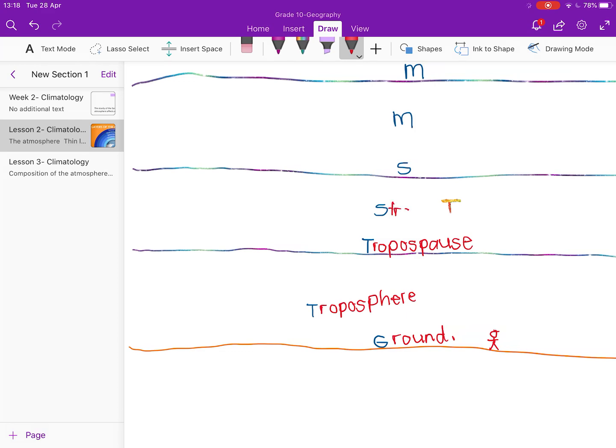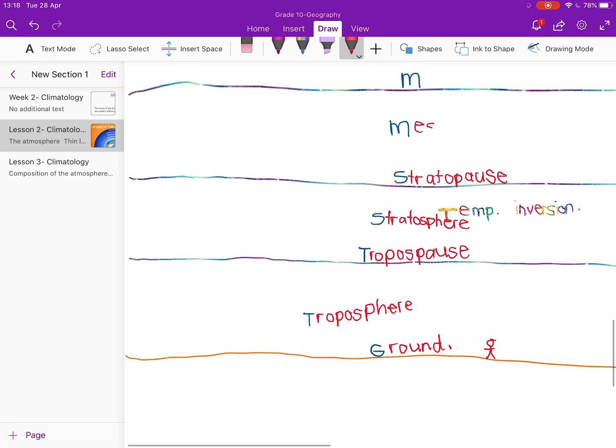Then we get the stratosphere here. The T I wrote over here is because this is where temperature inversion happens. Now if you can recall, temperature inversion is when temperature increases with height. Then we get the stratopause, which separates the stratosphere from the mesosphere.